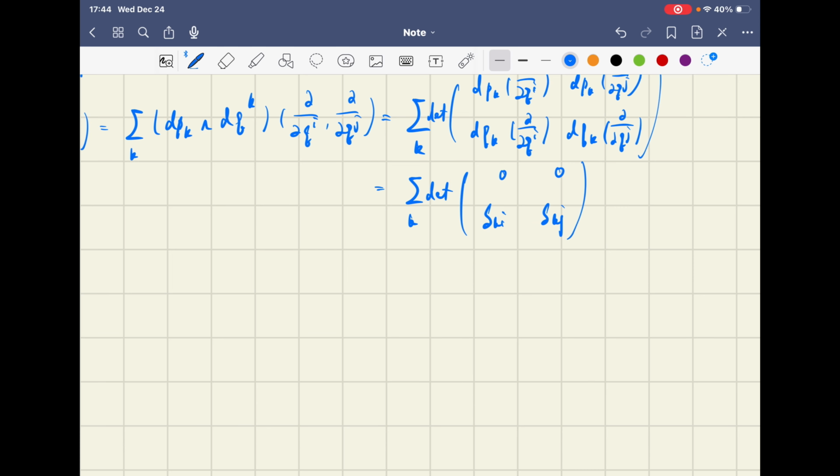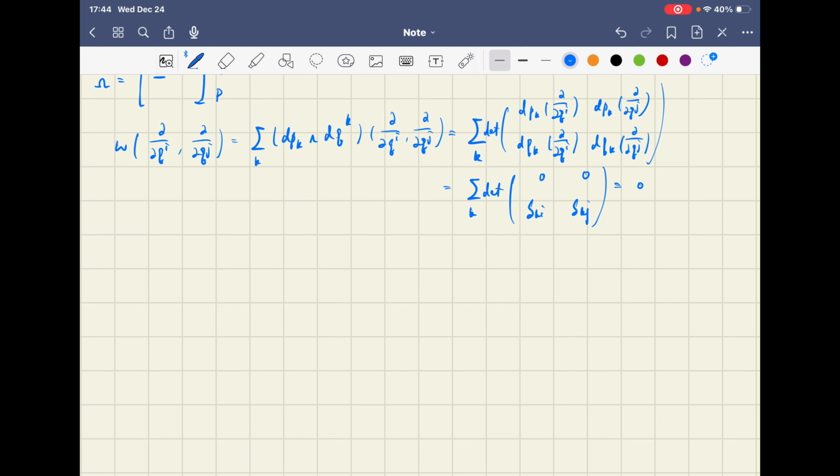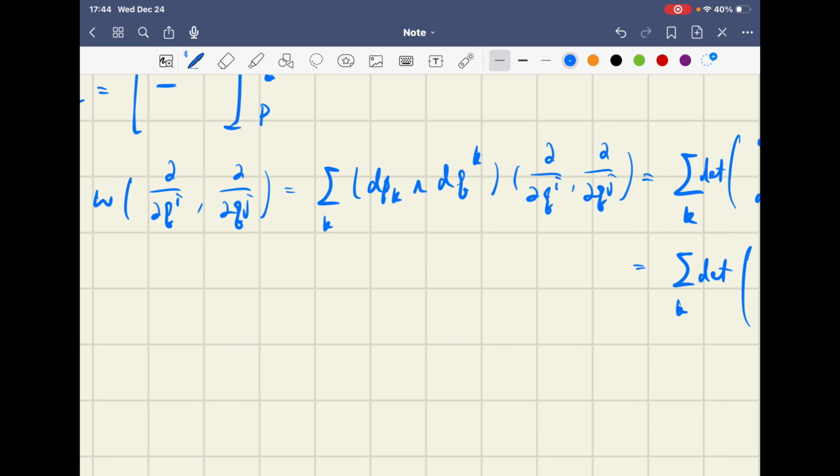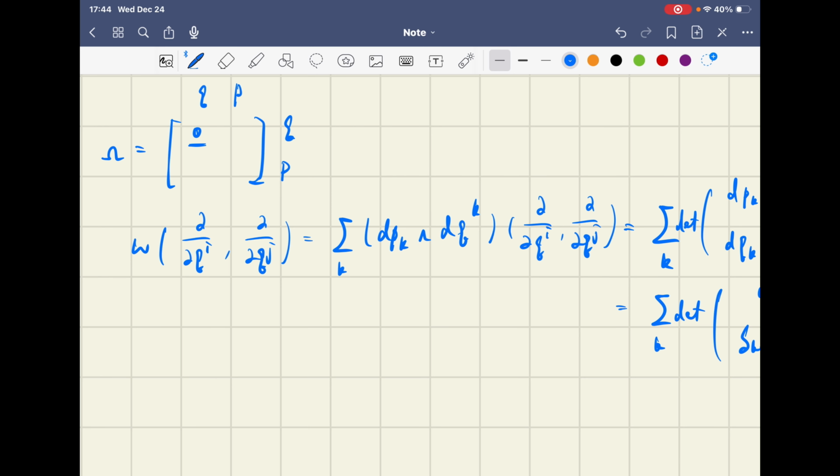Actually, this thing evaluates to 0, because the determinant is simply a cross multiplication, and 0 minus 0 is always 0, no matter what the values are. So the first block should be 0, and using the same method, we can obtain the other three elements, which are respectively the identity matrix, negative identity matrix, and 0, and the determinant of omega will finally be 1.